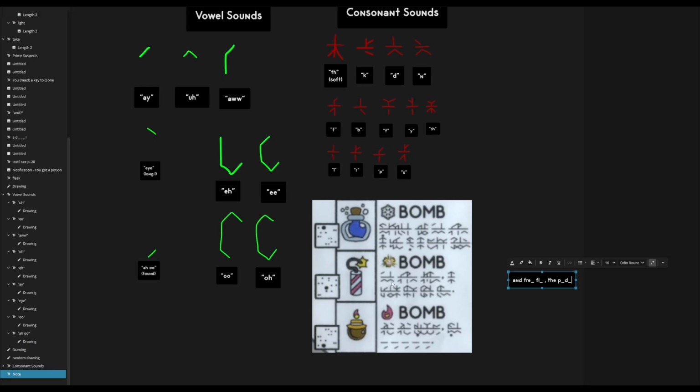I do think this is and. And. Oh wait. That's just an N. No, it's not an N. What does an N look like? I want it to be fire, but that's not what that is at all.